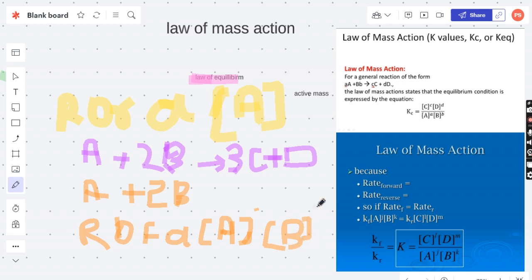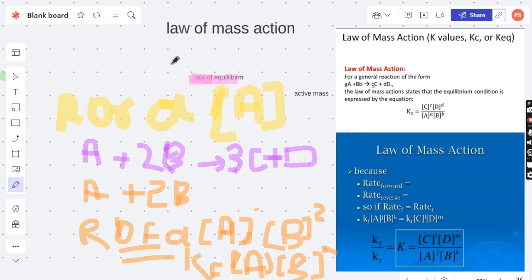When we remove the proportionality sign we get equals, with the constant Kf, the constant of the forward reaction. So the rate of the forward reaction is Kf times the active mass of A times the active mass of B squared.